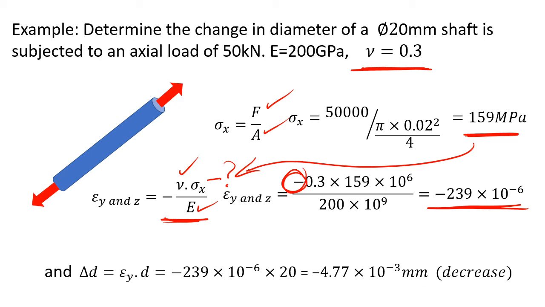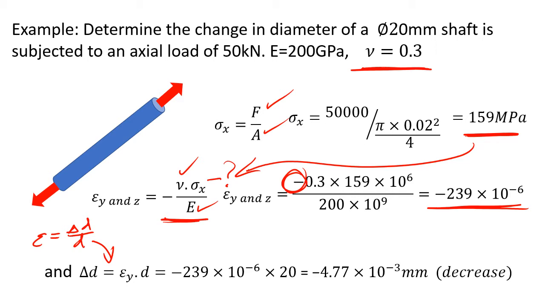So the final thing we need to do is remember that strain is change in length over original length. So in this case, if our strain equals change in diameter over original diameter, then if we rearrange that, we get our change in diameter equals the strain times the diameter.